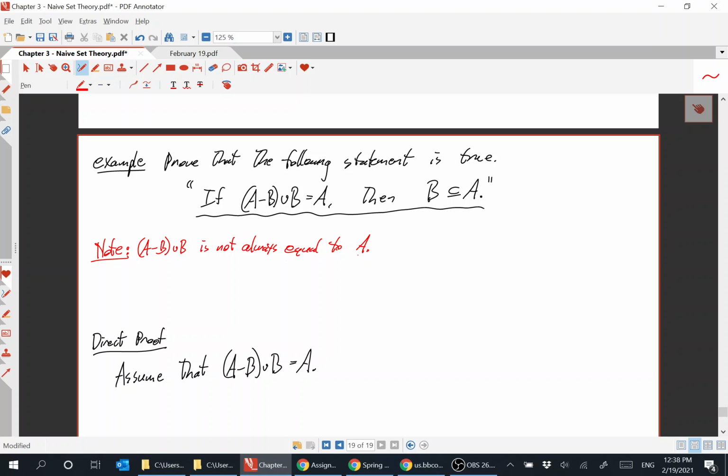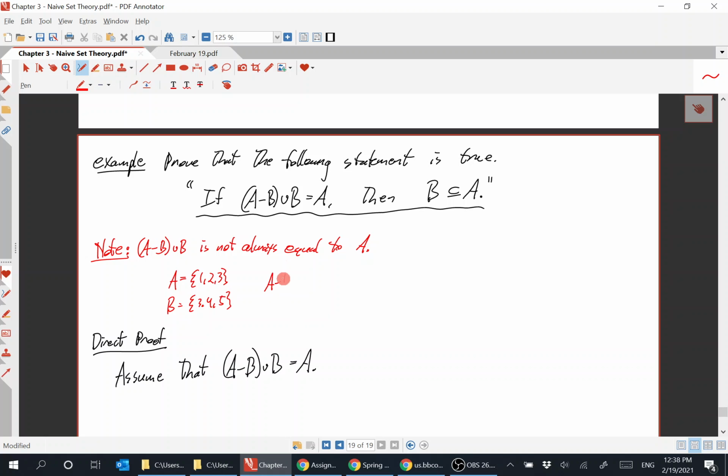Okay, so, sorry, on my notes here. Here, I just need to give an example of two sets, A and B, where this is not always true in general, right? Essentially, when B is not a subset of A. So we'll say A is equal to {1, 2, 3}, B is equal to {3, 4, 5}, say.